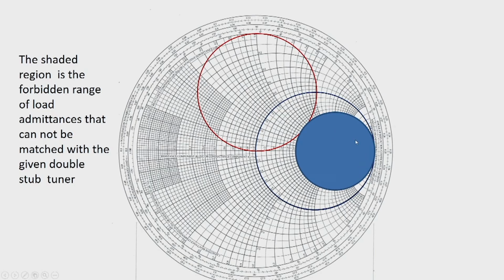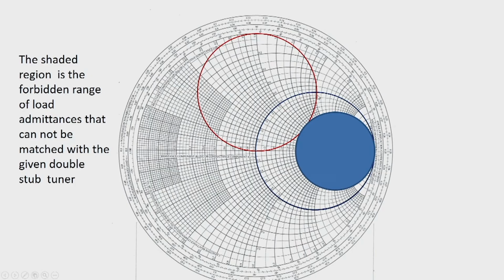Please note that this region for which a solution is not possible, the forbidden region, changes depending upon the orientation of this rotated circle.